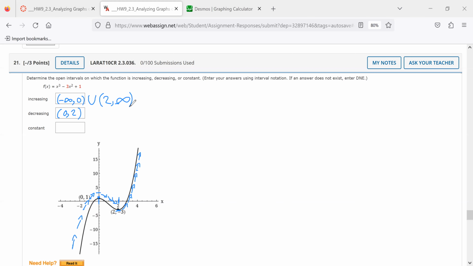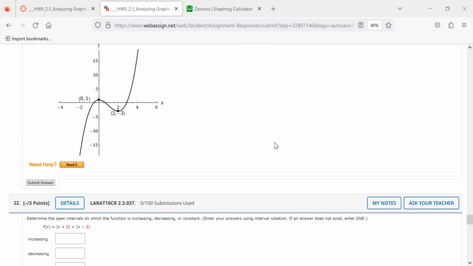That makes sense? Yeah, don't put brackets on where it changes.